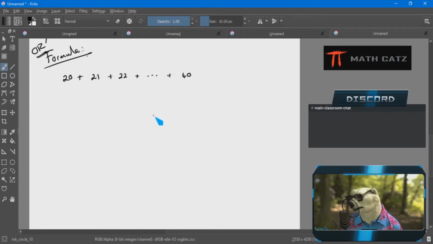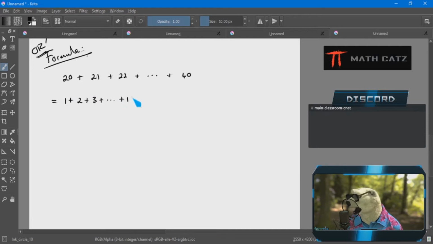I know I can't just plug 40 into the formula because I don't start at 1. It's not the exact same sequence. Before I can use a formula, I need to see the sequence perfectly. And this one has some stuff missing in the beginning. So why don't I just add those things?